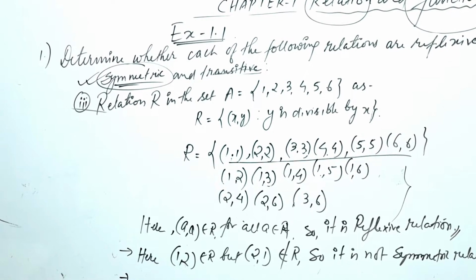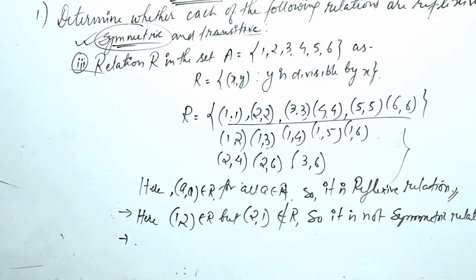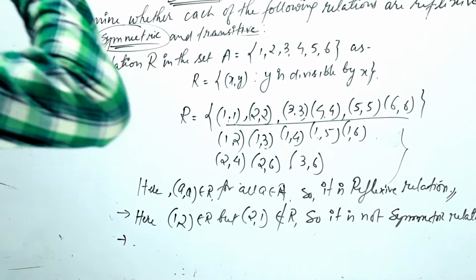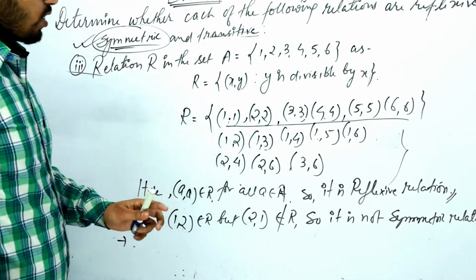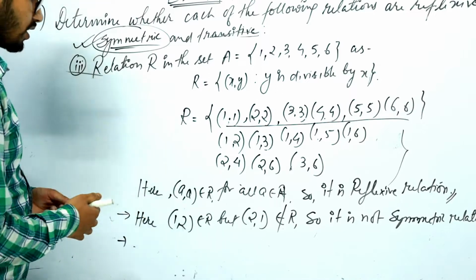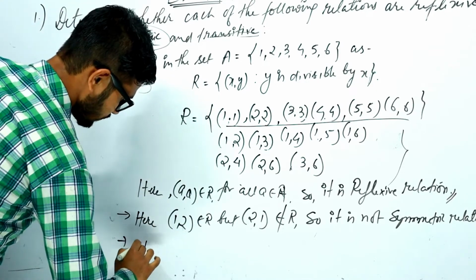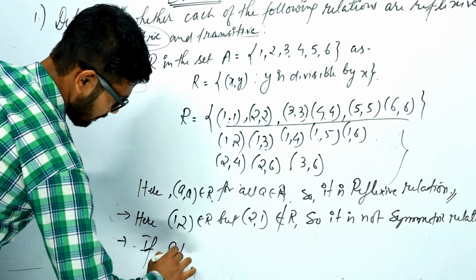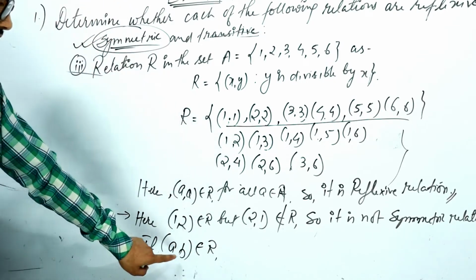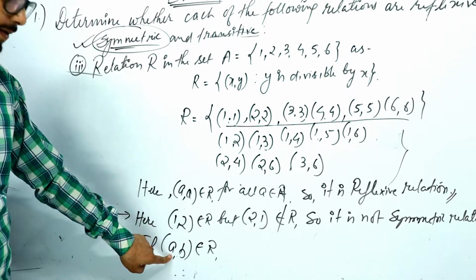So now let us come to the last statement for the transitive property. What can you say? This is a very interesting factor. Let me clear it up. If (a, b) belongs to R, obviously that means b is divisible by a.